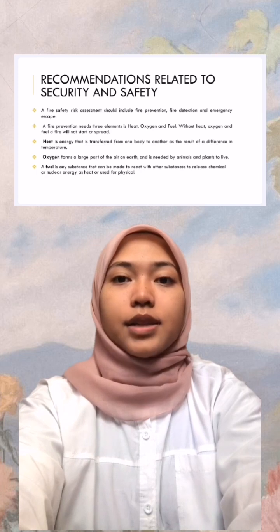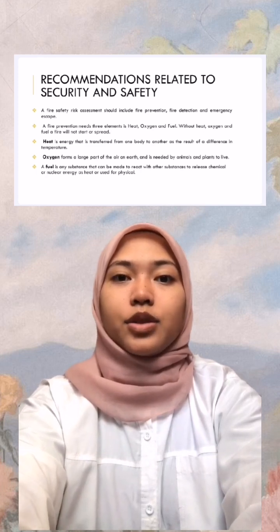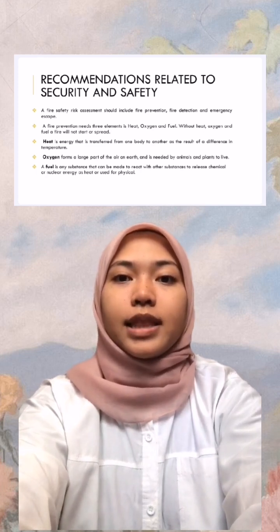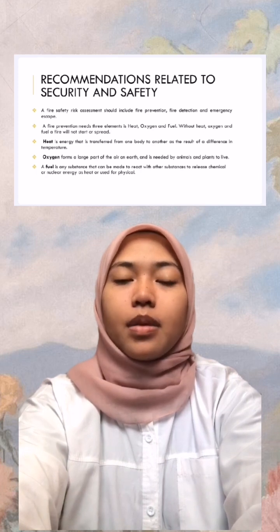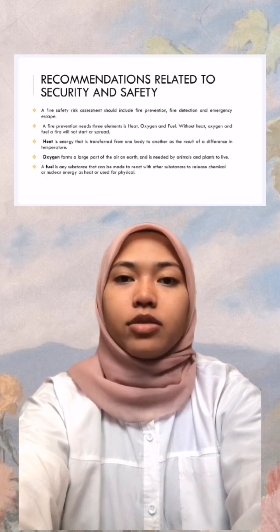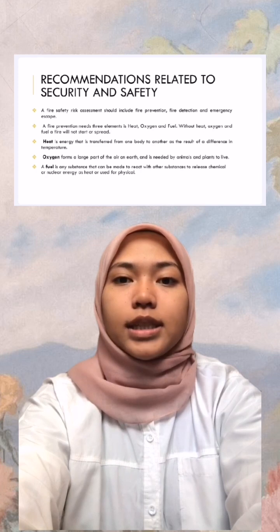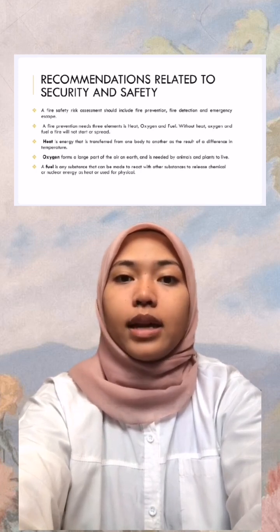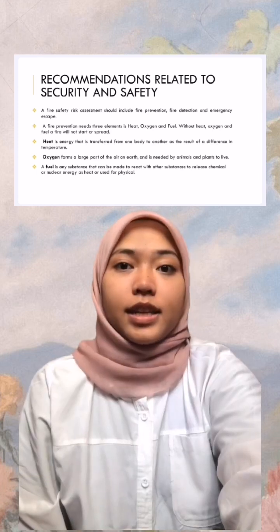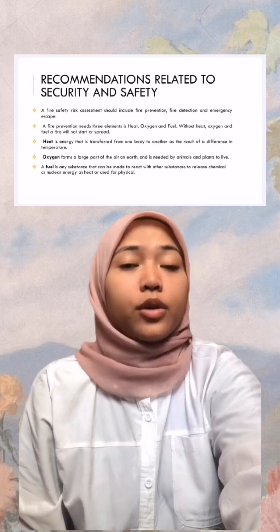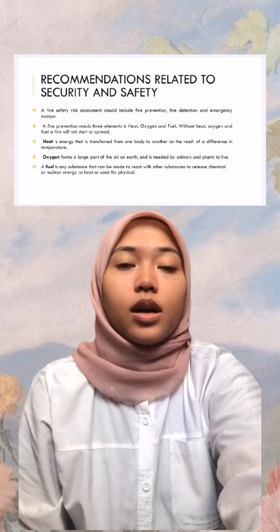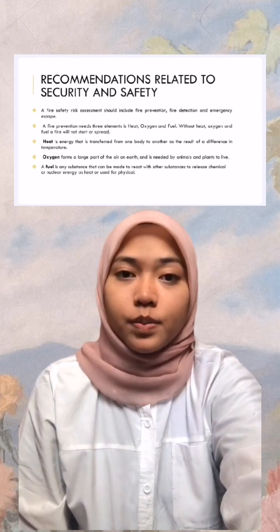First of all, a fire safety risk assessment should include fire prevention, fire detection, and emergency escape. Fire prevention needs three elements: heat, oxygen, and fuel. Without heat, oxygen, and fuel, a fire will not start or spread. Heat is energy that is transferred from one body to another as the result of a difference in temperature.